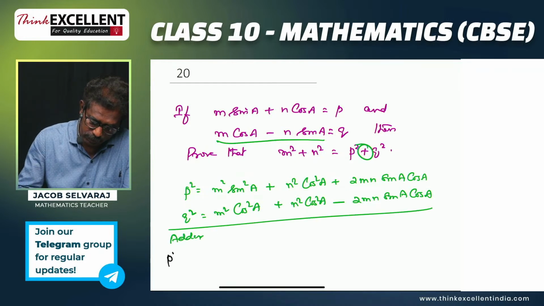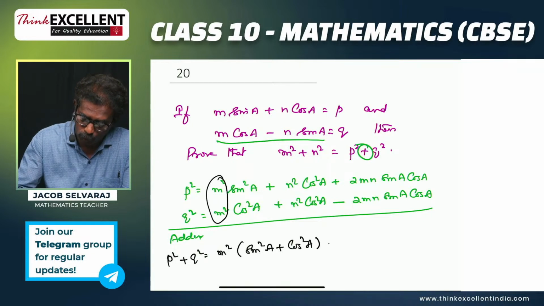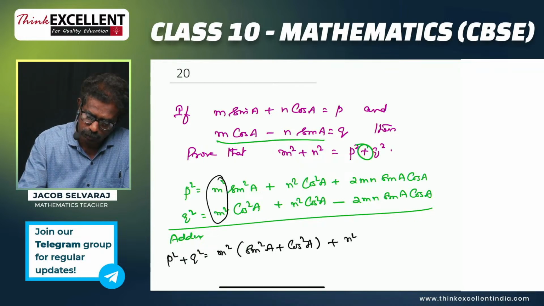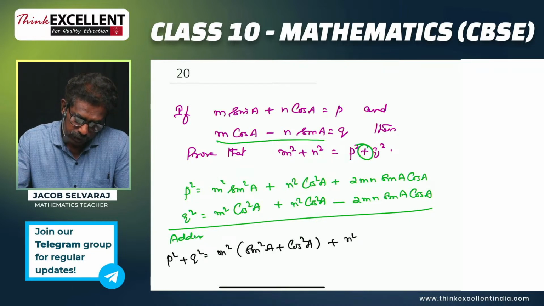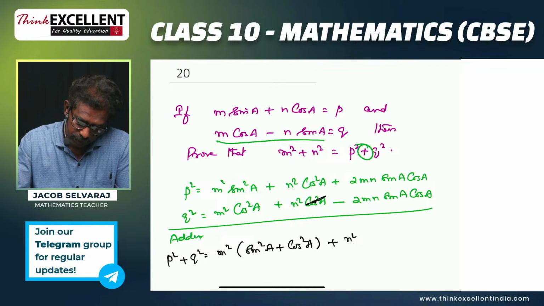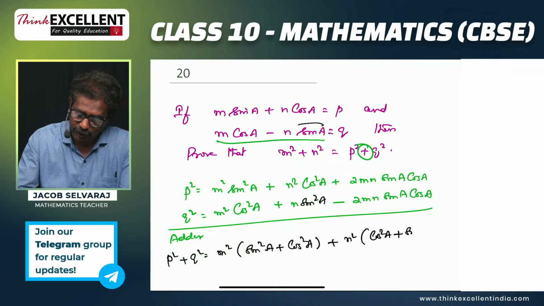So you are getting p square plus q square is equal to, the first one, you take m square common. M square into sin square a plus cos square a. That is 1. The second one, you can see n square common, so take n square outside. N square into cos square a plus sine square a.